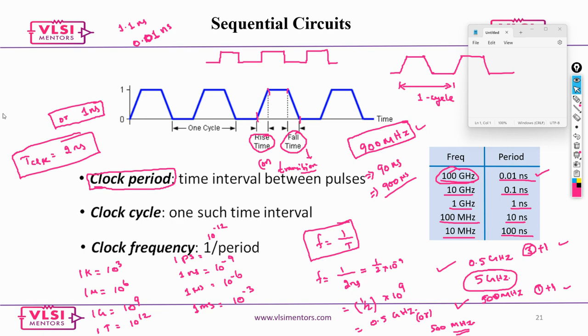Madan, you are saying something? 1.1 nanoseconds. Okay, so two people have given 1.1 nanoseconds. Jai Surya is giving one more on this, 1.1 nanoseconds.